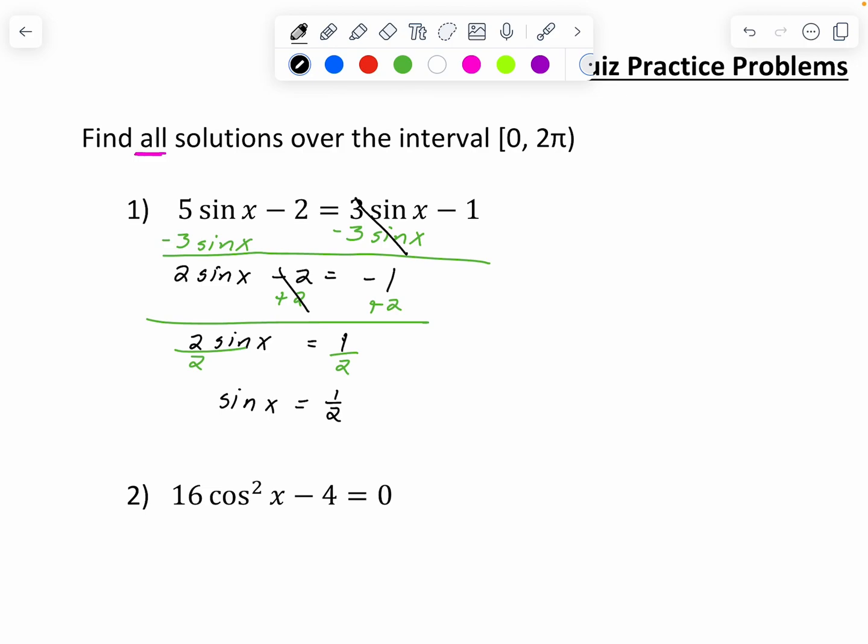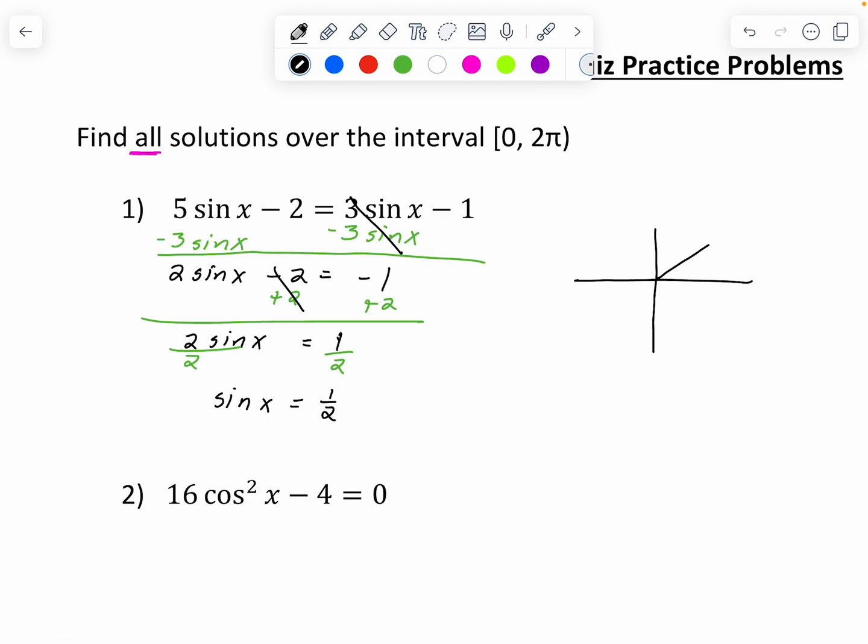Once we have that by itself, then we go to our unit circle, and we want to decide for what angles on our unit circle sine would be 1/2. Well, we know sine is the y value. So if the y value is positive, that means it has to be in the first quadrant or the second quadrant.